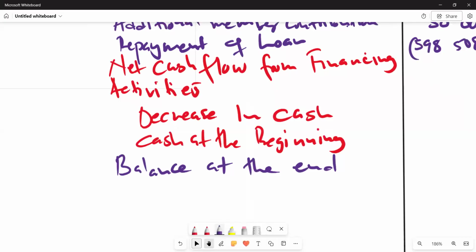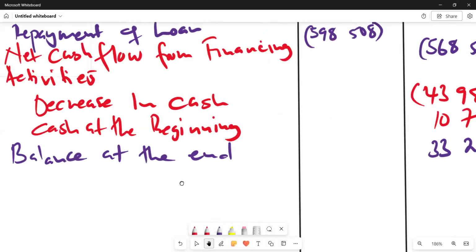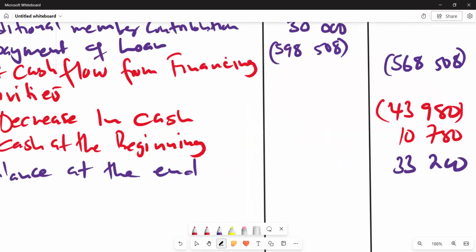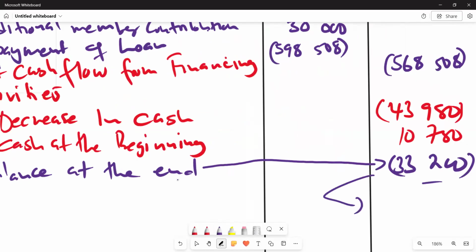We can now see in terms of the balance that we are having, negative 43,980 plus 10,780, your answer will still remain as negative. So if it's a negative, it indicates a bank overdraft. So it means we need to see a bank overdraft of 33,200 to show that we have done our cash flow statement correctly.